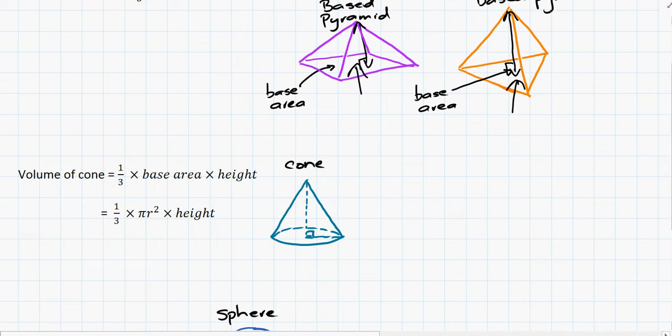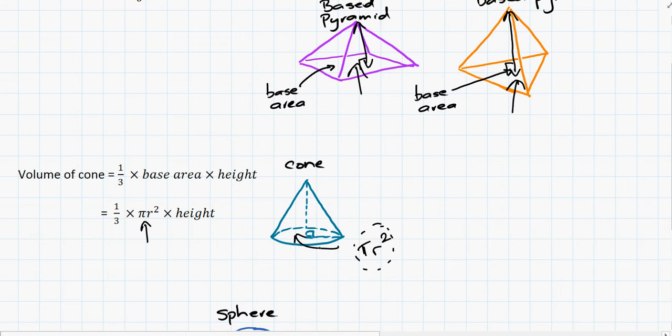So you would need to work out the area of that circular base. Now we know from our work on the area of circles that the area of a circle is pi r squared. So that would be the formula for the area of the base, which we have here.